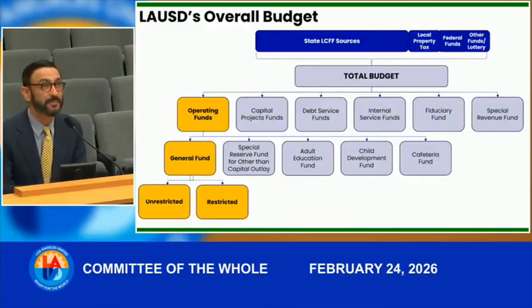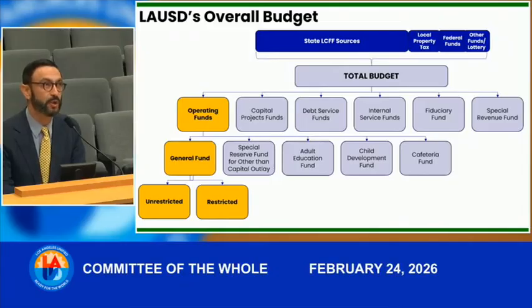This is something that we've shown previously several times, and it just shows the overall district budget and how it's organized. Again, this is also governed by law. These are the different kinds of funds and categories of spending and budgets that we're required to report on. We focus very heavily typically not just on our operating funds, but within the operating funds, the biggest fund is the general fund.